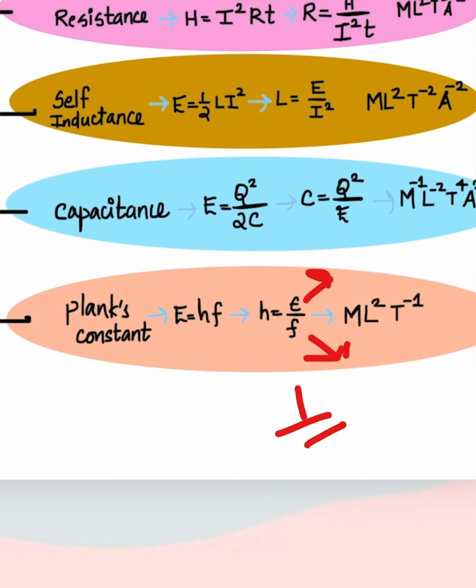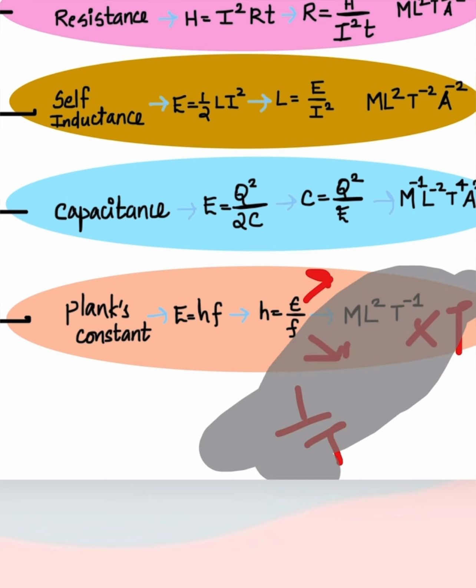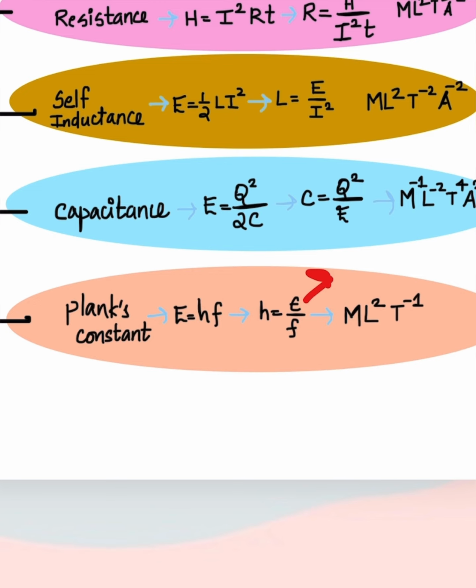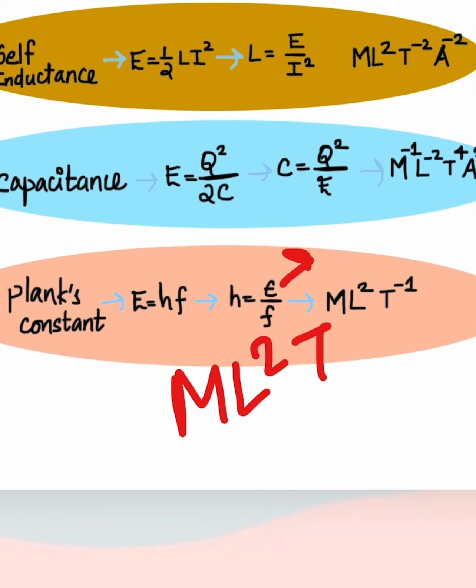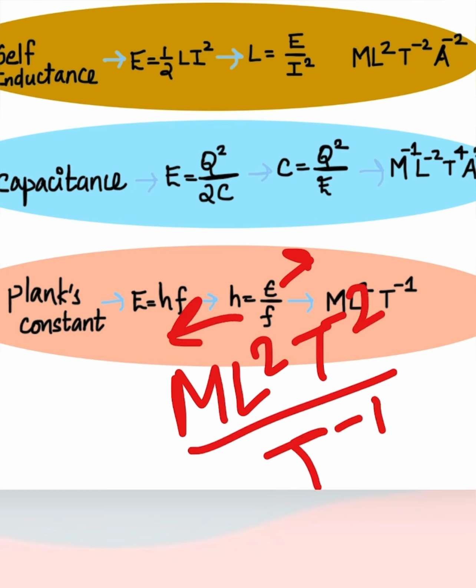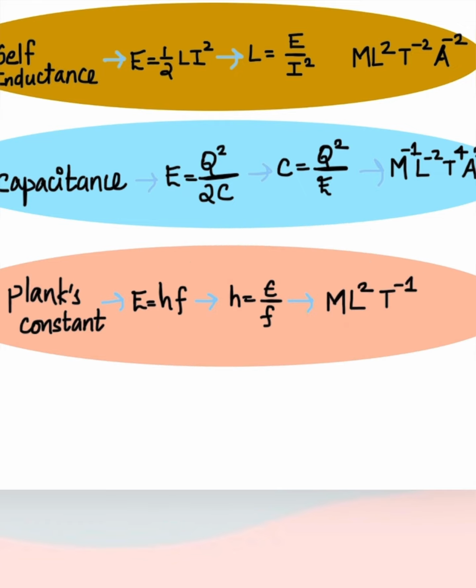Frequency is equal to 1 divided by time, so the unit of frequency is T⁻¹. When it comes to this side, ML²T⁻¹ will be the answer.